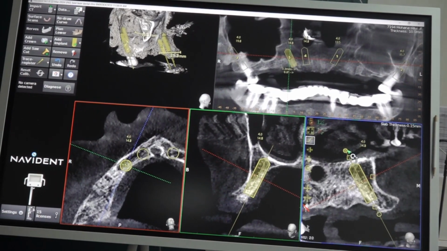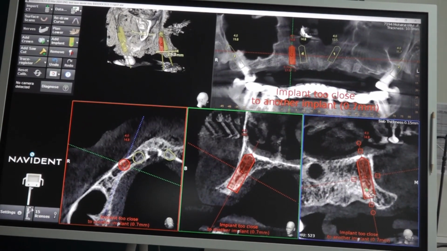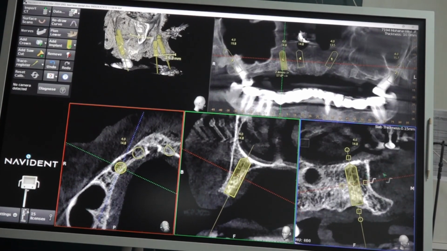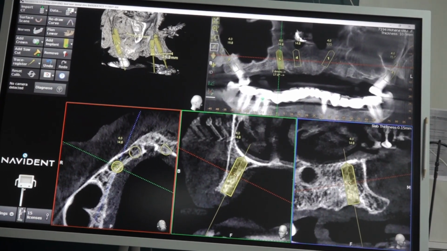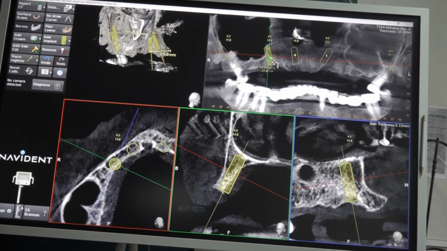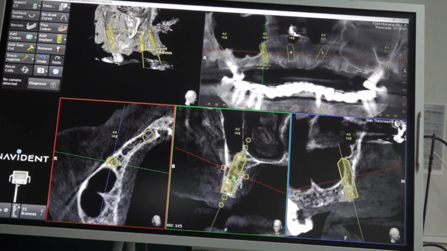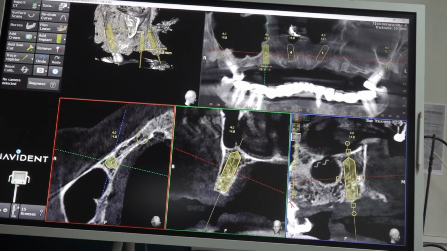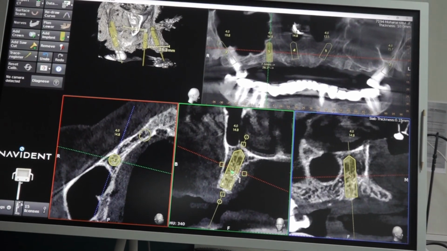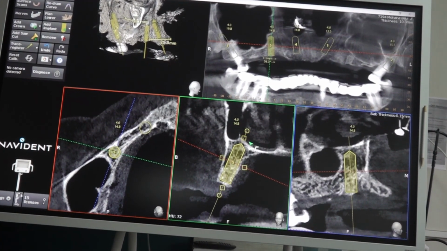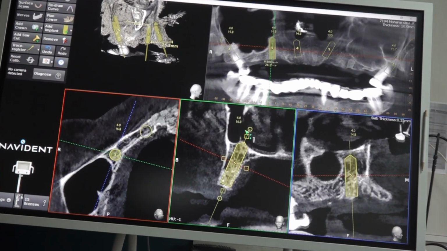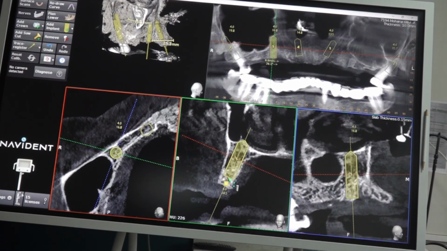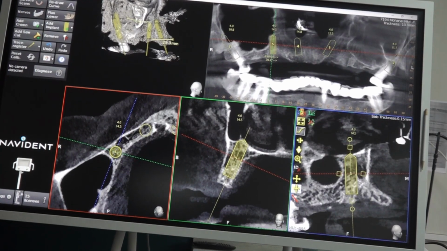Okay, this is okay here. This is premolar. The premolar looks good, right? Even if you do some osteoplasty, it is decent.